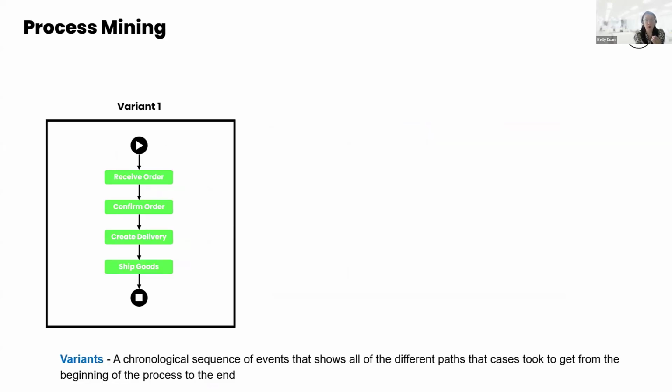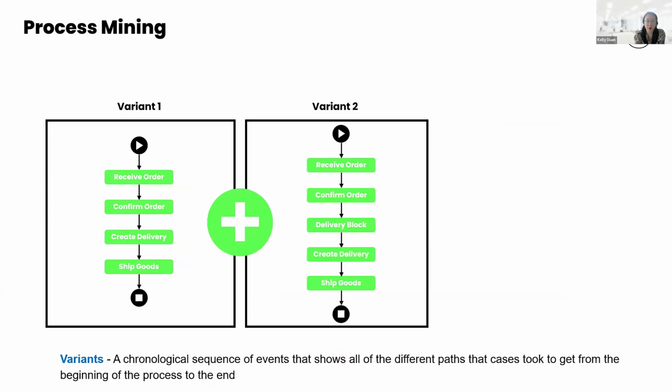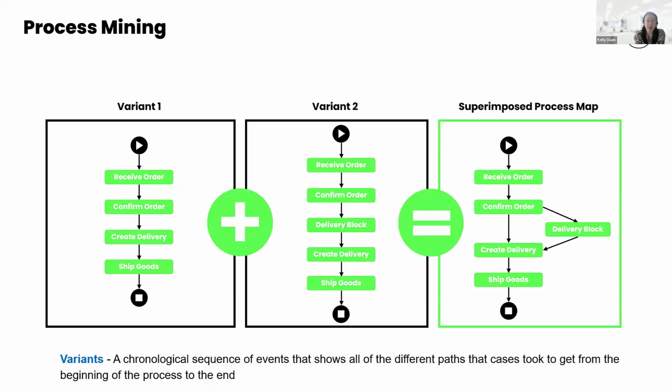It is a chronological sequence of events that shows all the different paths that the case took from the beginning of the process to the end. And all the different variants together produce the whole business process map.